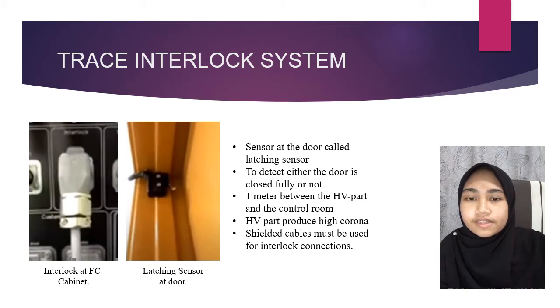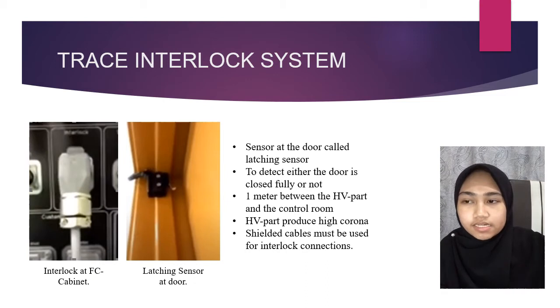There is a sensor at the door called a latching sensor to detect whether the door is fully closed or not. If the door does not close properly, whenever we inject voltage or do testing, it will show the red alarm at the system, and it cannot be done until the door is closed properly.